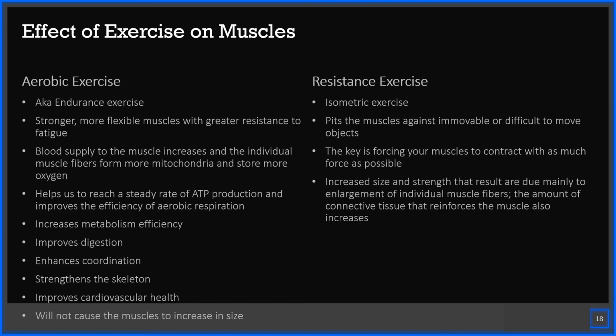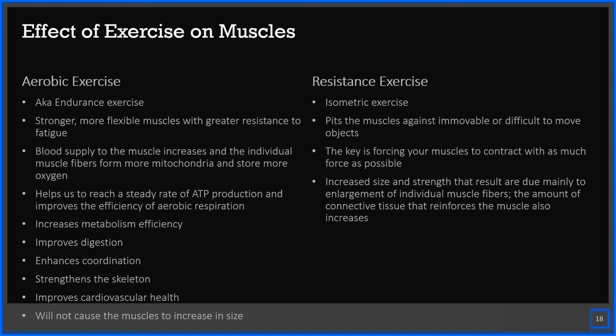It helps us to reach a steady rate of ATP production. It improves the efficiency of aerobic respiration, increases metabolism efficiency, improves digestion, enhances coordination, strengthens your skeleton, and improves your cardiovascular health. However, you will not see the muscles increase in size from aerobic exercise.